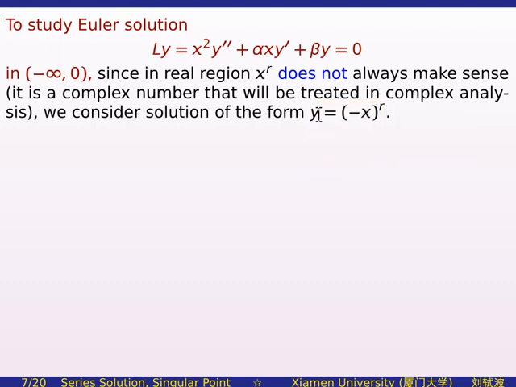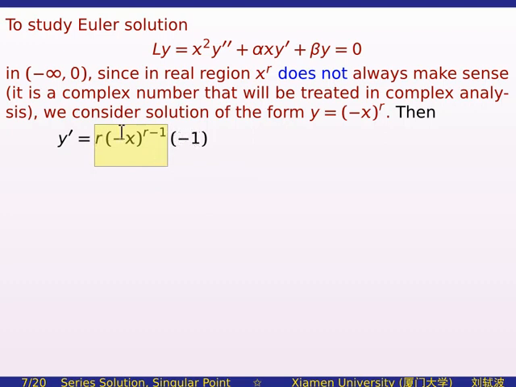Okay, so we want to substitute this solution into the equation. So we need to compute the derivatives of such y. So y prime, using the composition of functions, is r times (minus x) to the power r minus 1, then the derivative of minus x, which is minus 1.